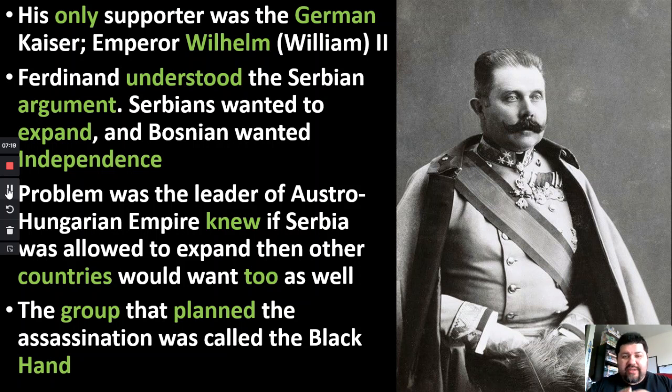They're a tiny country, and they basically wanted to expand, gain more territory, gain more resources. And on top of that, he knew the Bosnians wanted independence. He understood, okay, I get why you want your own control, you want to have your own government, things like that. I understand why. He was a more rational guy than his uncle.